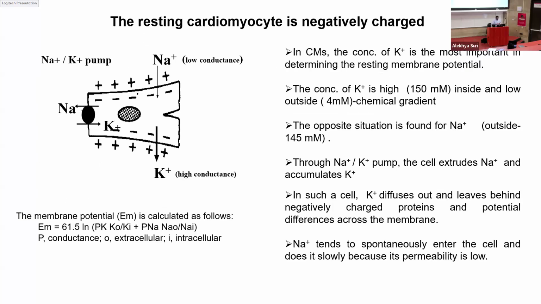Okay. If you look at the concentration of potassium, it is really high, around 150 millimolar inside, and around 4 millimolar outside, making a chemical gradient. It is exactly opposite for sodium: you will see around 145 millimolar outside and very low inside. And again, as I said, it is maintained by the sodium-potassium pump.